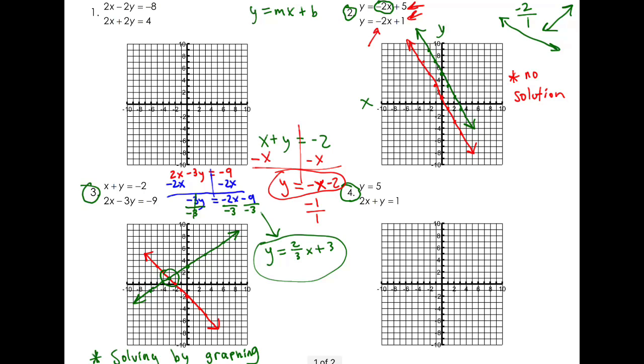Hate to say it, but some of you guys are going to make that mistake. So that's 1, 2, 3 on the x side, negative, so that is negative 3. And then we're going up 1, so 1, 2, 3, up 1. Going up on the y is positive, so it's a positive 1. So our solution is negative 3, 1.